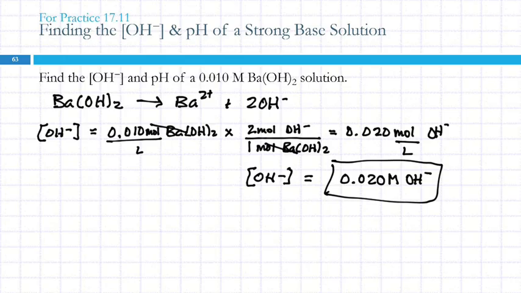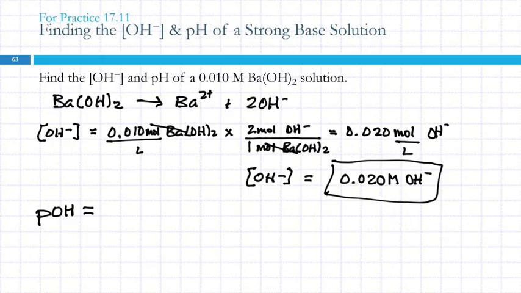Then we need to find the pH. I didn't give you an equation relating hydroxide ion concentration and pH. I showed you this circle of pH, right? So what I prefer to do is first find the pOH.